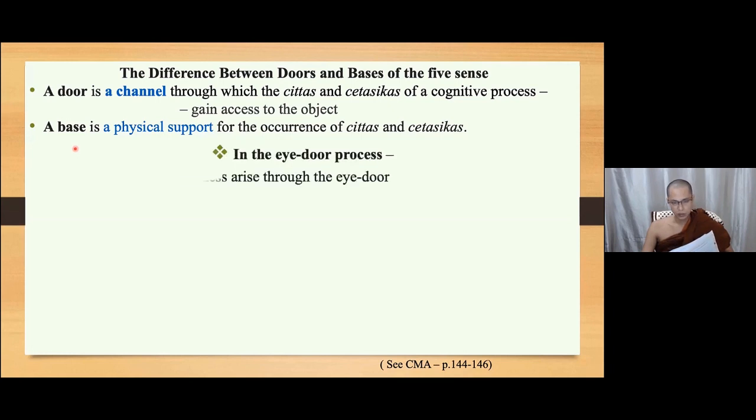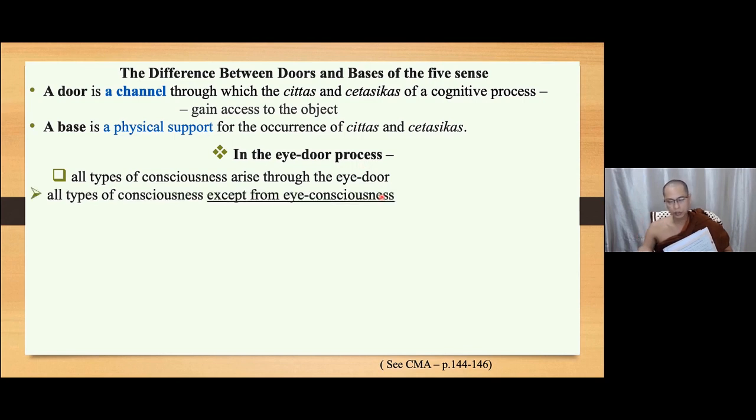Then to know that in the eye process, let's see the eye-door process. You may remember the eye process: cutting off the bhavanga, past bhavanga, arresting, eye consciousness, receiving, investigating, determining, javana, registration. This is the process we have to keep in mind.